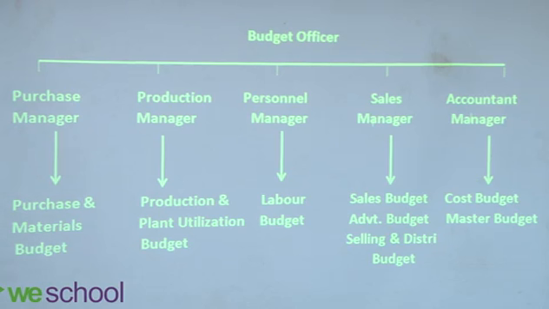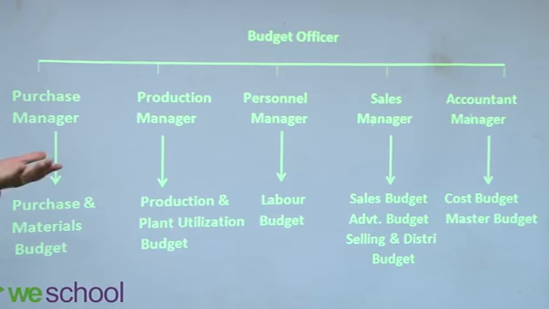He will make the budget of recruitment also, because they might be in need of different people in different departments. The sales manager will prepare the sales budget according to territory, region, state, or monthly, quarterly or yearly. He will make an advertising budget, because nowadays media is a very important business.